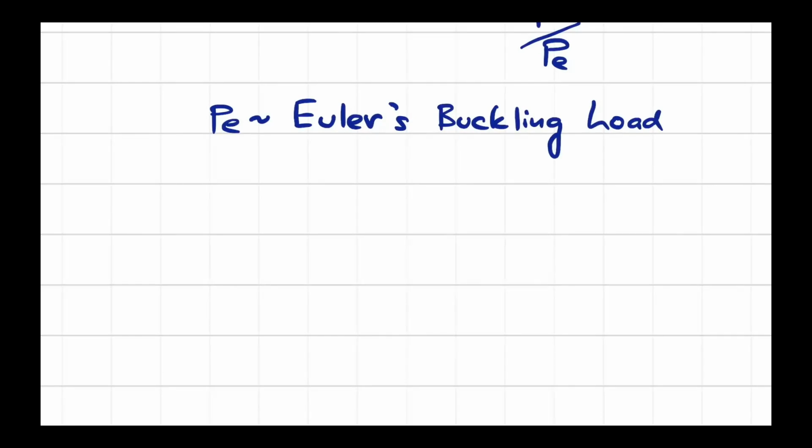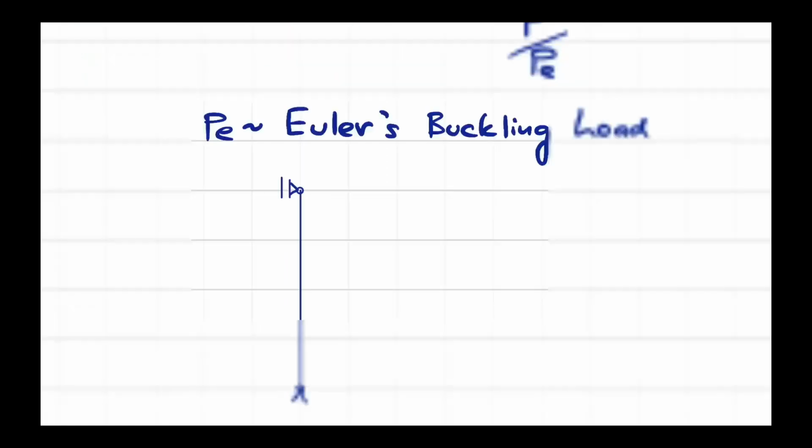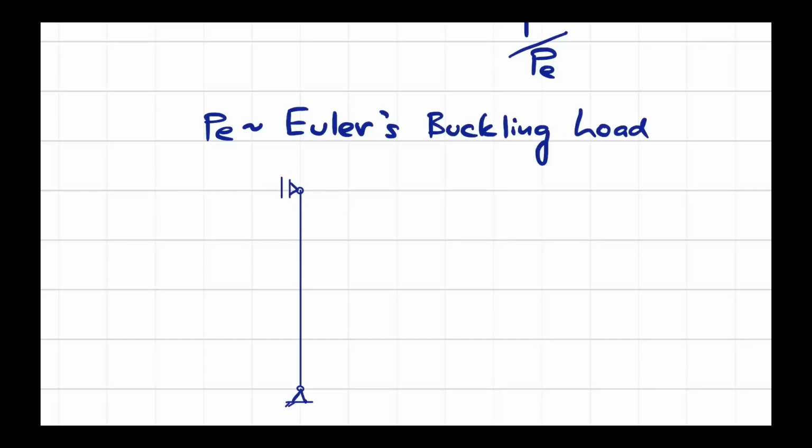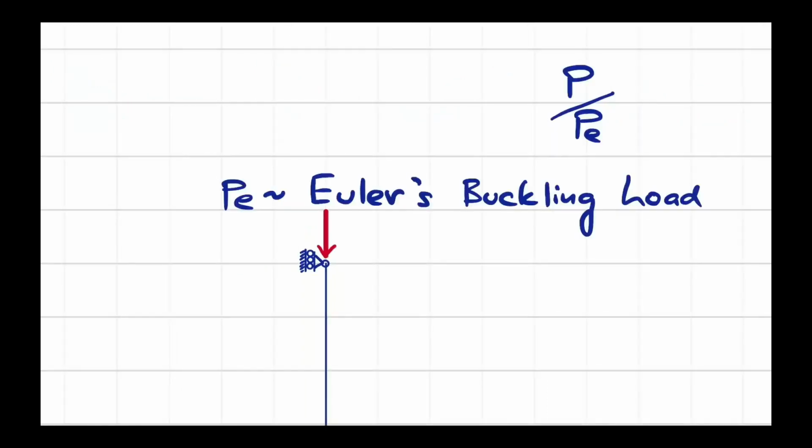For the Euler buckling load, if you have a column like this, we call its load PE.